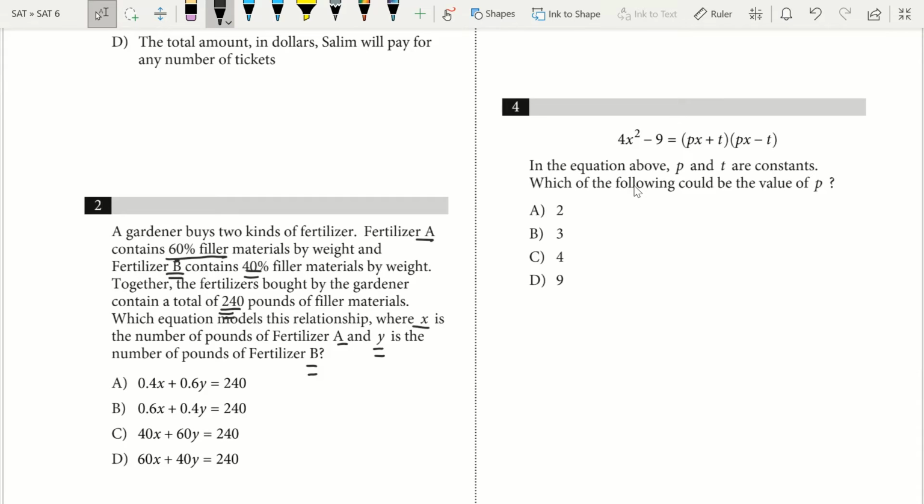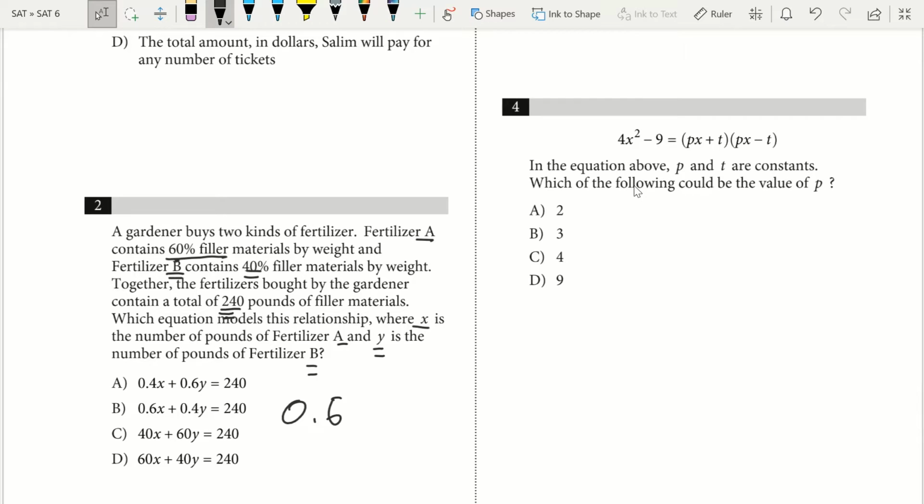Well, we know that fertilizer A contains 60% filler materials, and its variable, X, is the number of pounds of fertilizer A. So we're only going to have filler weight of 60% of every X pound, right?